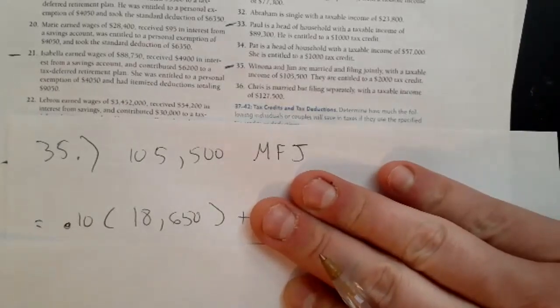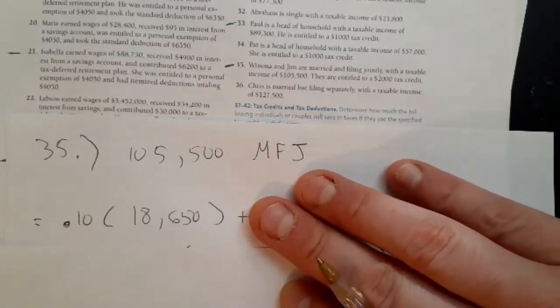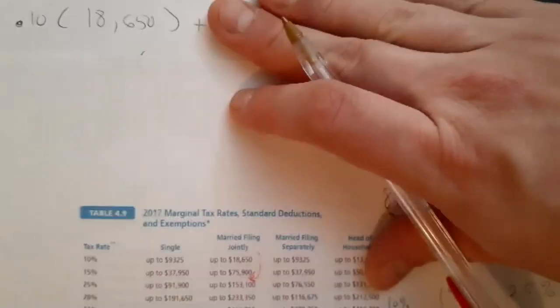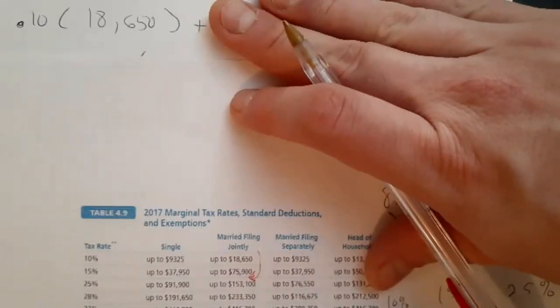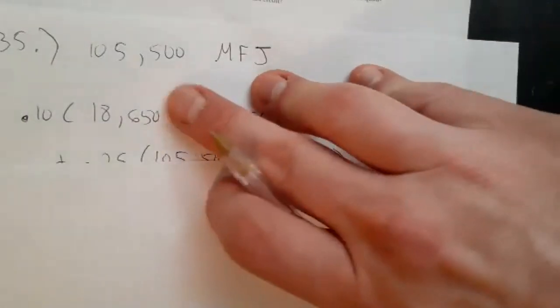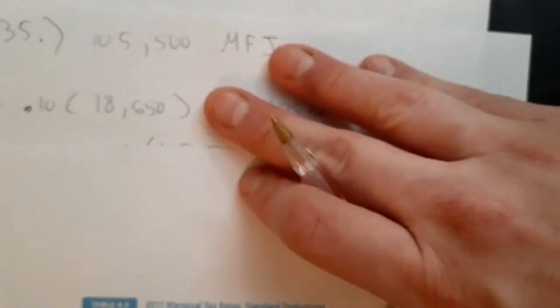Should be that 18,650, and that amount is getting taxed at 10%. The next number we're going up to is 75,900. So we're not taxing this 18,650 again. We don't want to double tax it.